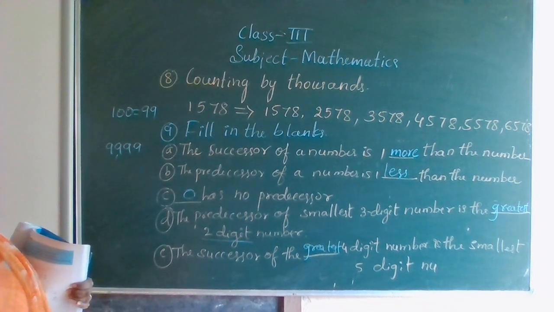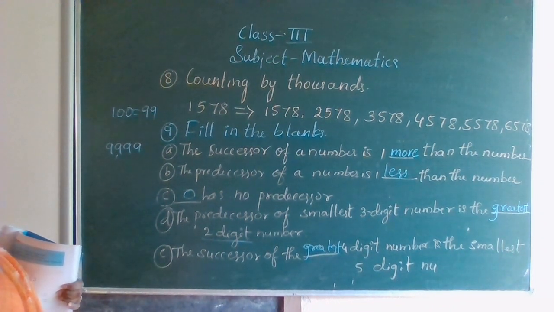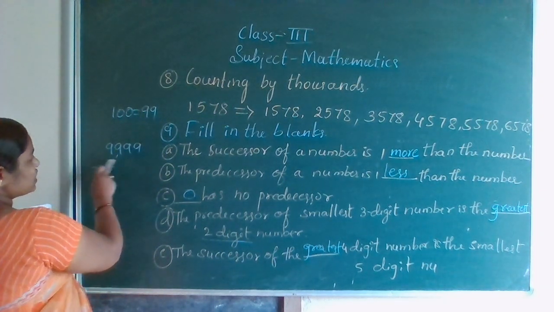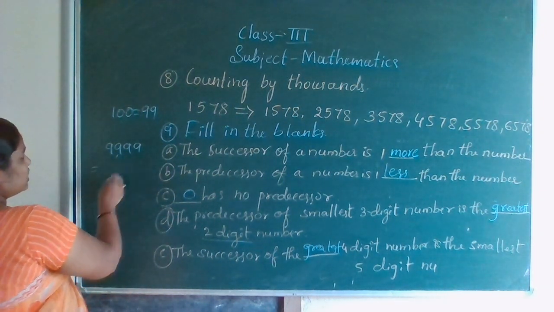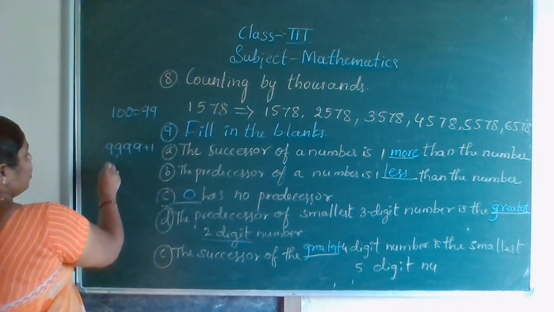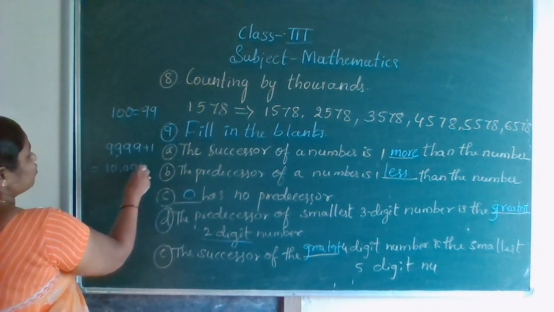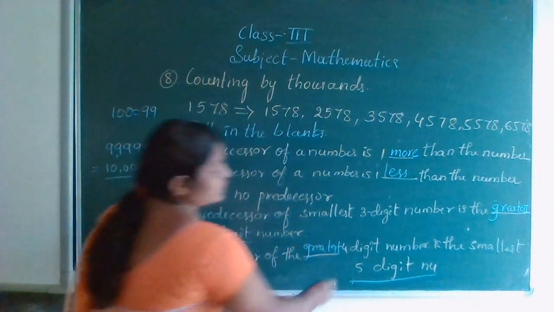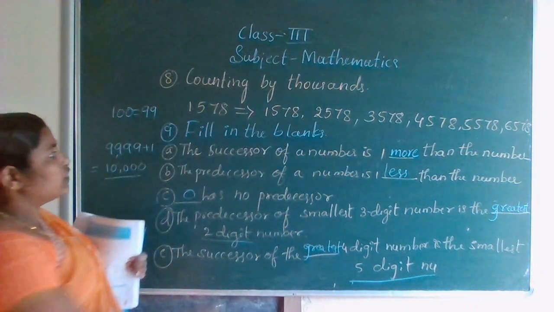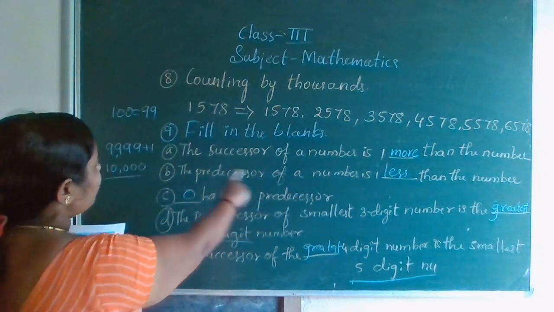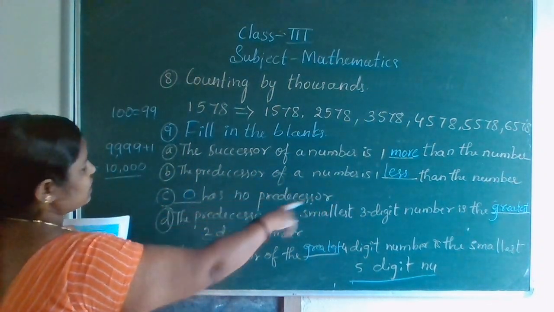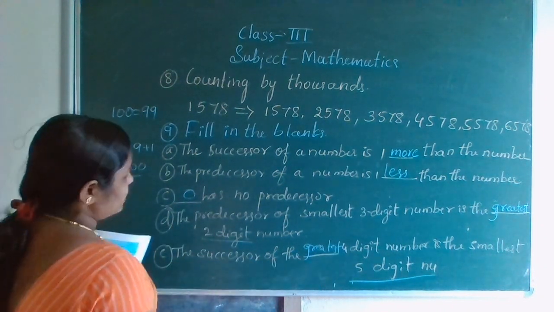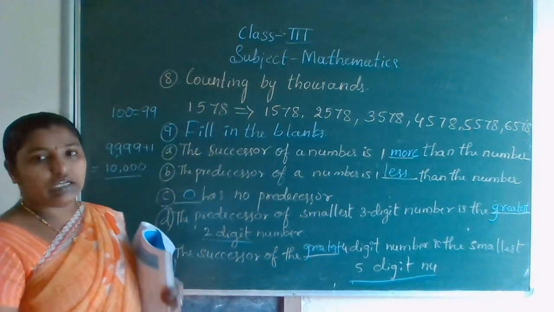So you should identify the successor of greatest 4-digit number, that is +1, we will get 10,000. This is the smallest 5-digit number. Got it? The first fill in the blanks is more, second B is less, C is 0, D is greatest, and E is also greatest.